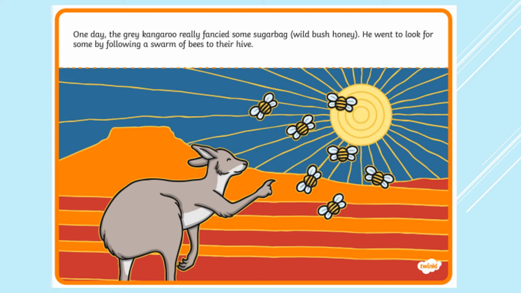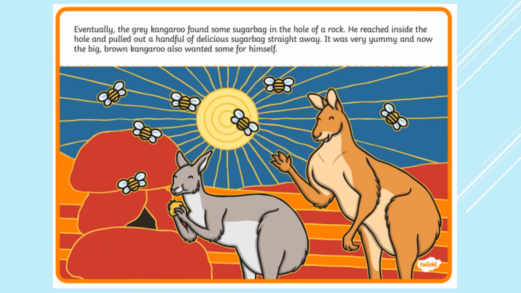He went to look for some by following a swarm of bees to their hive. Eventually, the grey kangaroo found some sugarbag in the hole of a rock. He reached inside the hole and pulled out a handful of delicious sugarbags straight away.